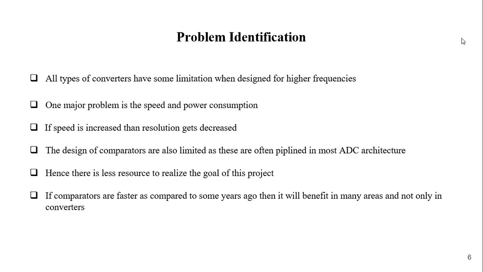So the design of comparators can be said to be limited according to the ADC architecture. If we design a comparator that is fast, that can perform in multiple frequencies according to the user, and also is adjustable according to the dimensions of the design, which is the dimensions of the MOSFETs, it will be a very beneficial part from our side. So that is the main problem identification.